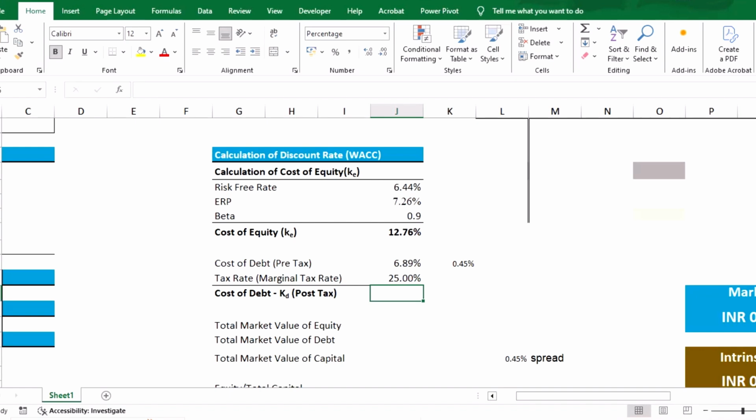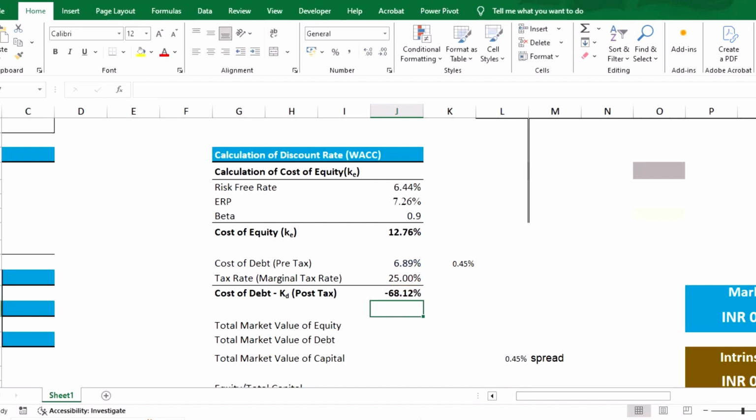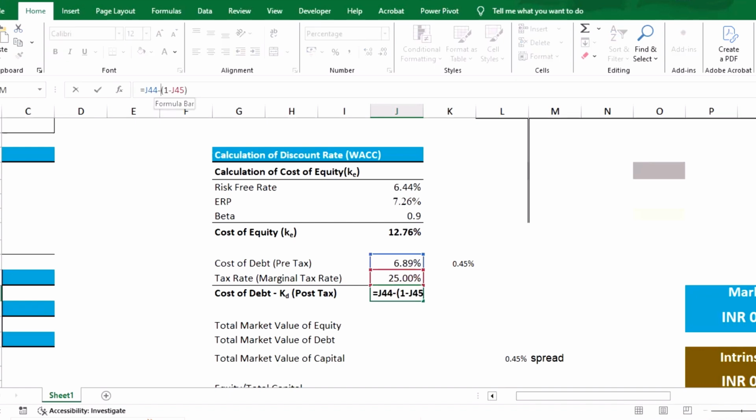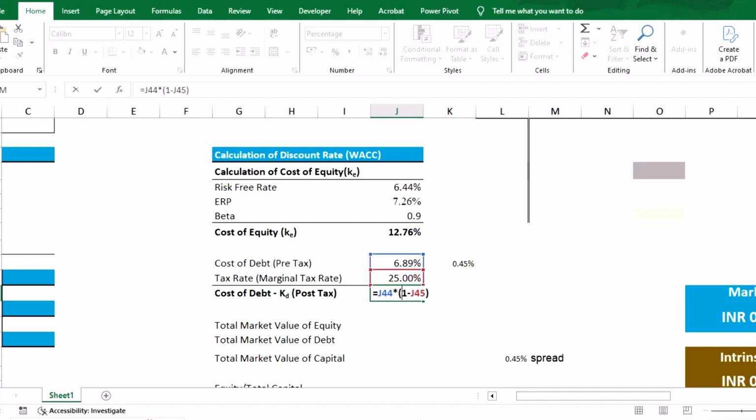So our post-tax cost of debt, KD. Now what we need to do is 1 minus this, and we arrive. Oh, sorry, there's a mistake here. Yes. Okay. So this is our cost of debt.